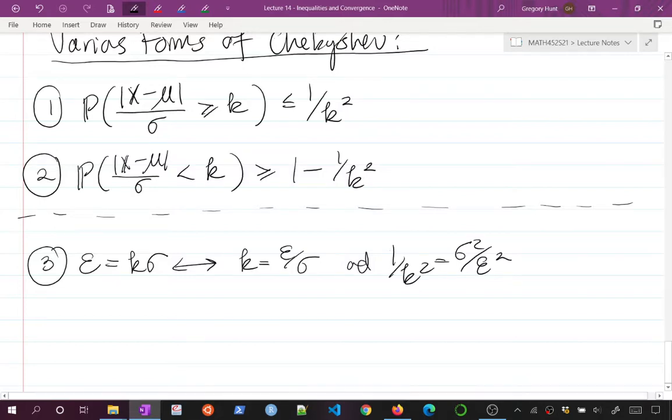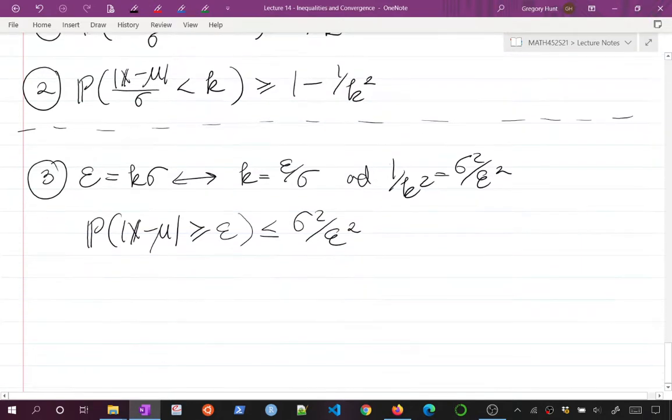In this form, if I take my first one and move my sigma over, we get the probability that the absolute value of x minus mu is greater than or equal to k sigma, which we call epsilon, is less than or equal to sigma squared over epsilon squared. So that's another form you'll see, and it might be particularly useful for our convergence of random variables.